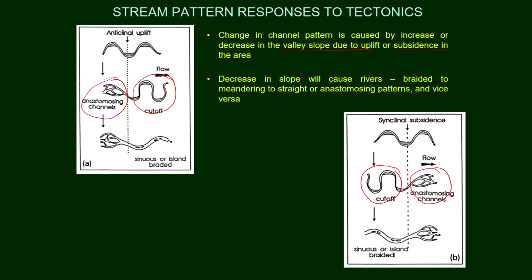Decrease in slope will cause rivers to go from braided to meandering, as I was showing here, braided to meandering to straight. So, from braided you will have straight.